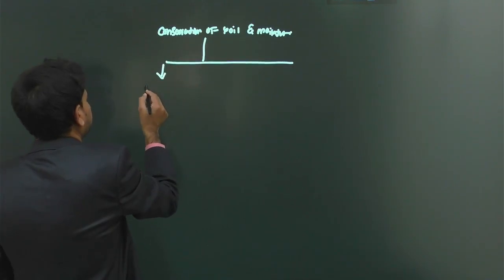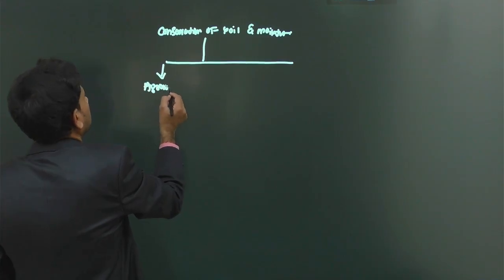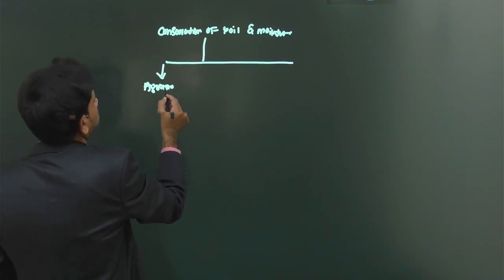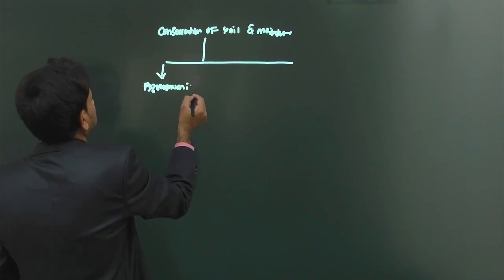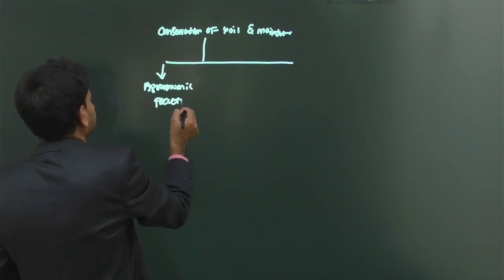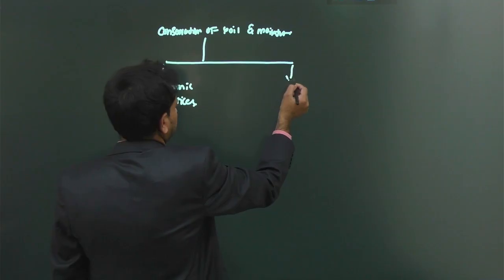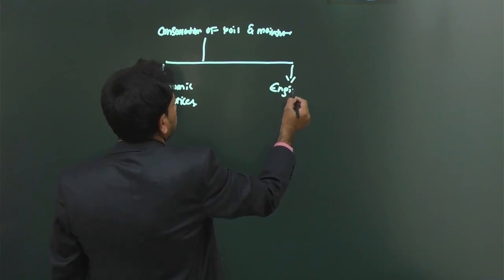One is the agronomic practices, collectively used in the dryland area. Another is the engineering methods.